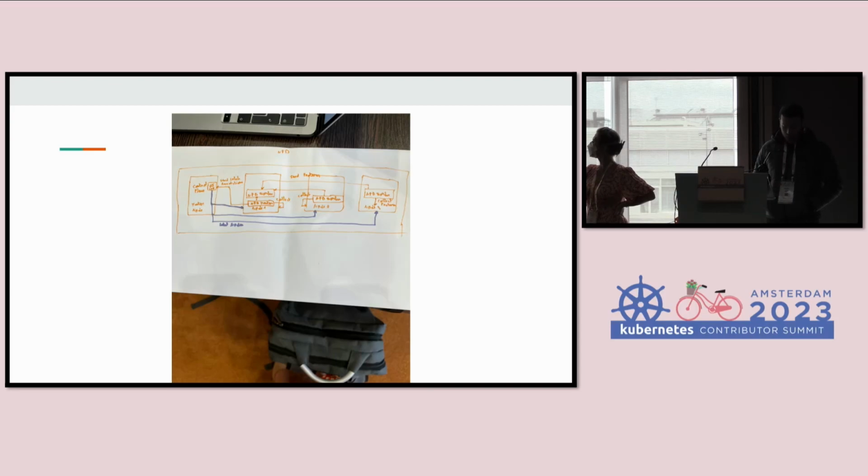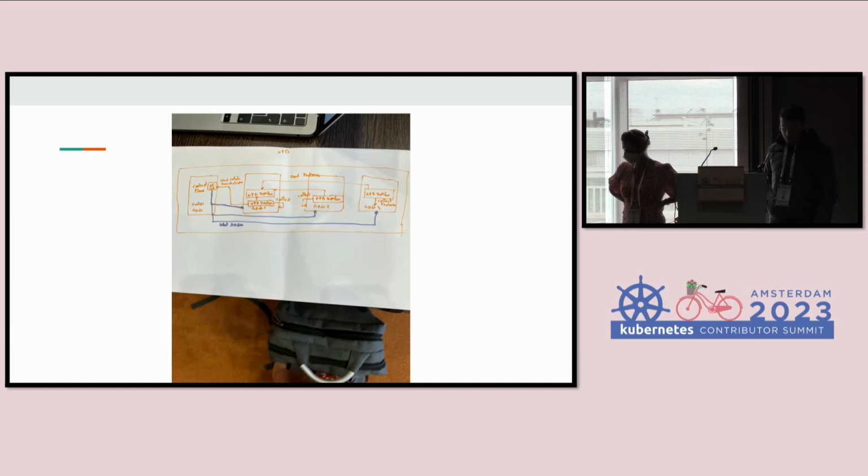The solution has basically four components: the NFD master, the NFD worker, and two other components that were not drawn here because I don't have so much information about them. The NFD master is a single pod that is running on any node, and the NFD worker is a daemon set.